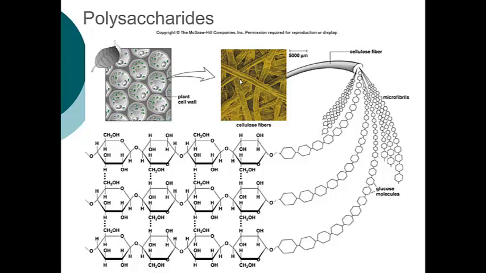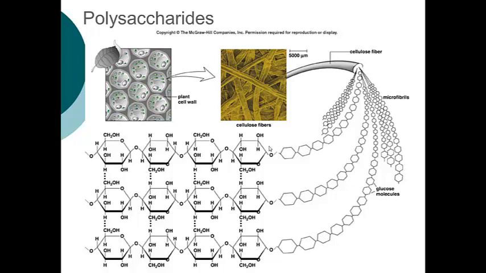And if we were to take a look at one of these individual fibers up close, we'd see a tremendous number of what are called microfibrils, which are simply long strands of glucose joined together over and over again in these individual polymers made up of many, many glucose monomers.